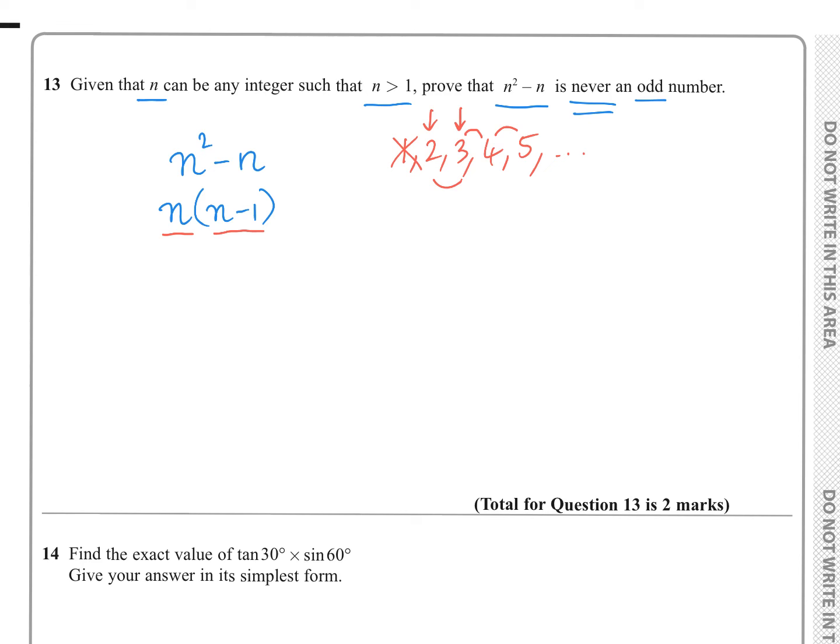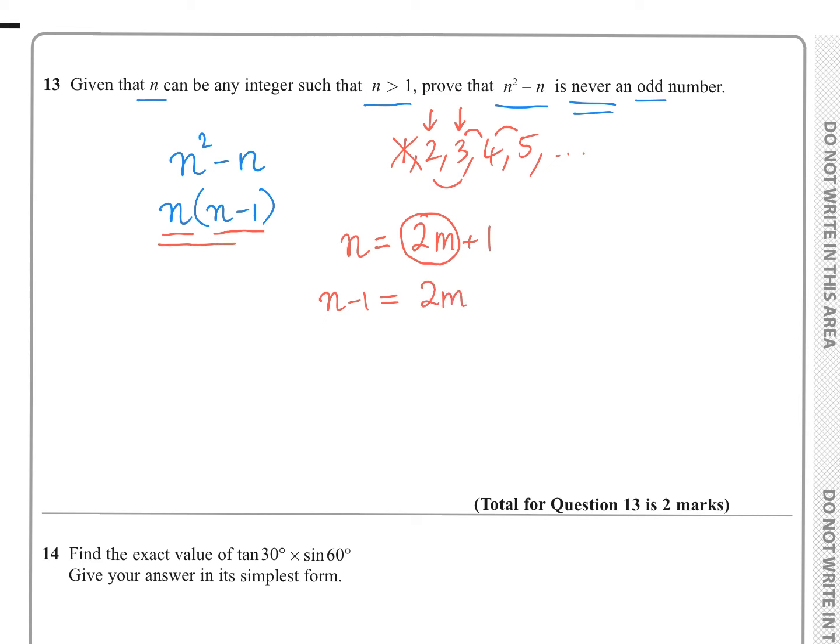But if you want to conclusively show that, then let n equal, say, 2m plus 1, which could be an odd number, because 2m is always even, and if you add 1 it's odd. Then n minus 1 would have to be 2m.